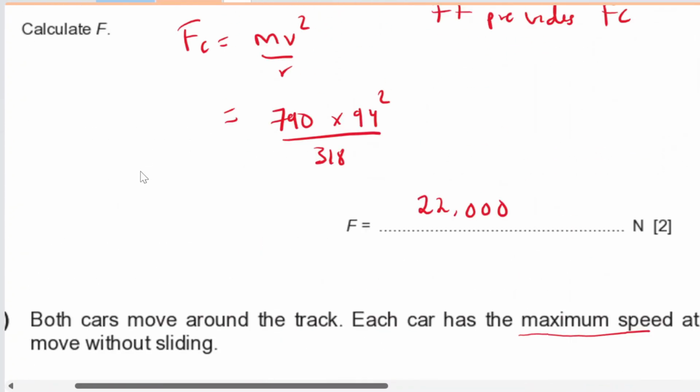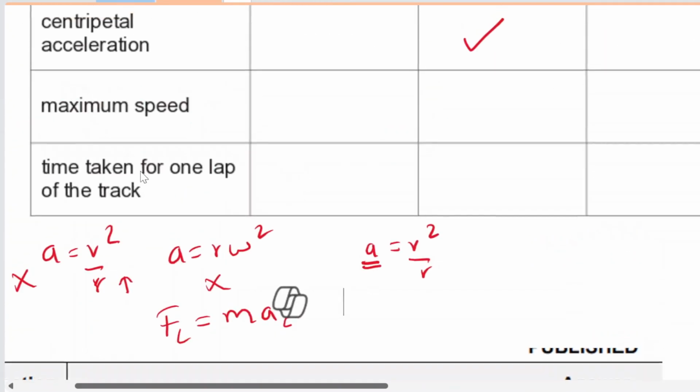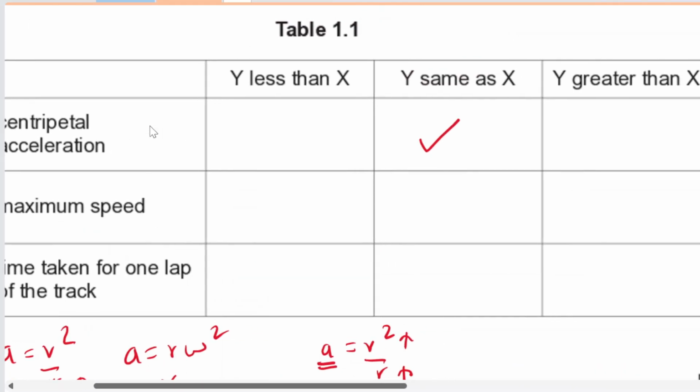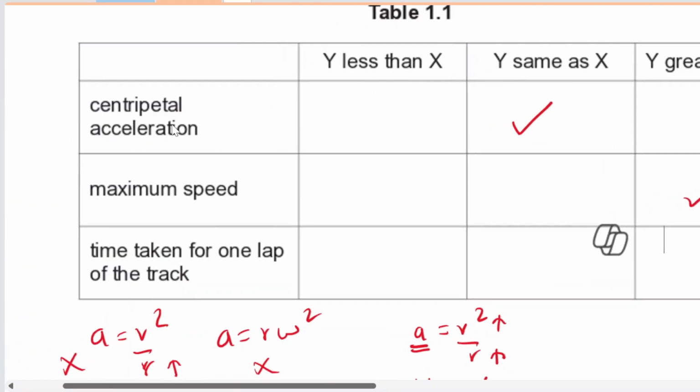Radius is more in Y than in X, so Y has a greater radius than X, which means that for this to be constant, v has to be more as well. So they kind of cancel out to make this constant. So the velocity in Y will have to be more than the velocity in X. So we can see here that Y is greater than X.